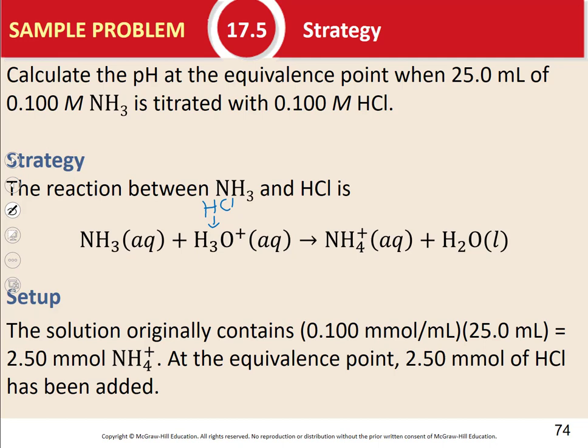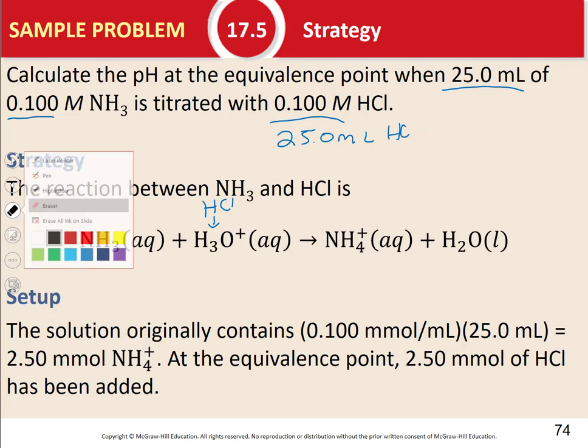So we have 25 milliliters of 0.1 molar ammonia. If our HCl is the same concentration, how many milliliters of HCl will we need to add to reach the equivalence point? 25 milliliters as well. So at the equivalence point, we have added 25 milliliters of HCl, which means our total volume right now is what? 50 milliliters, good.